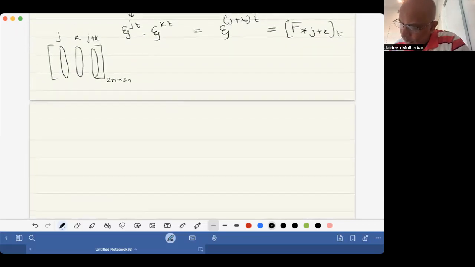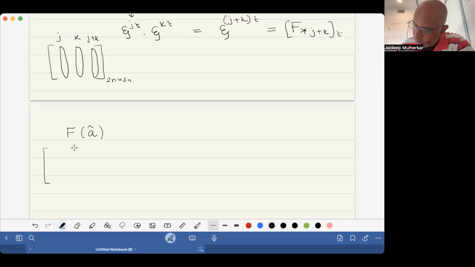Now let's write down. If I have the Fourier transform of a hat, right? So I have a 2n cross 2n matrix, and I'm acting upon it by this vector a hat, which consists of components alpha naught to alpha n minus 1, and then there are zeros padded over here, right?